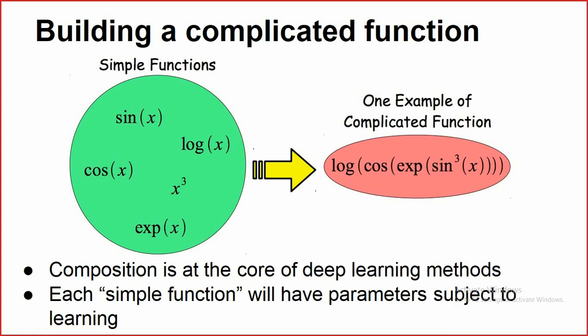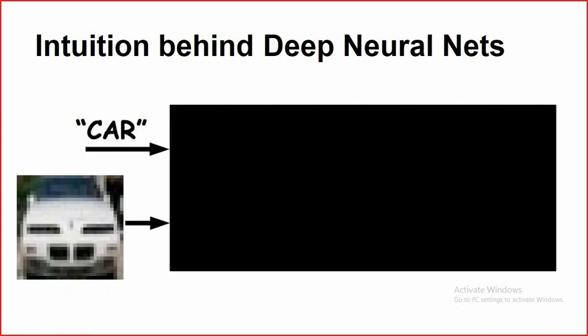But here in the deep learning method, we give the raw pixels to this black box, and we also give it the class label. This is a car, and this black box consists of several simple nonlinear transformation blocks.